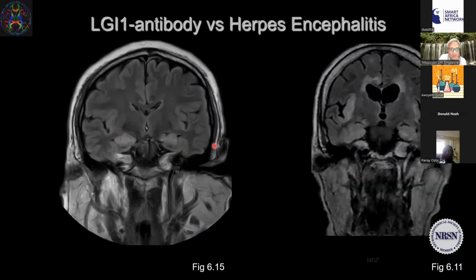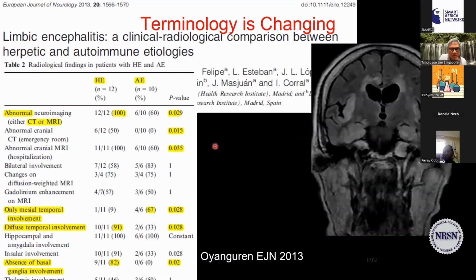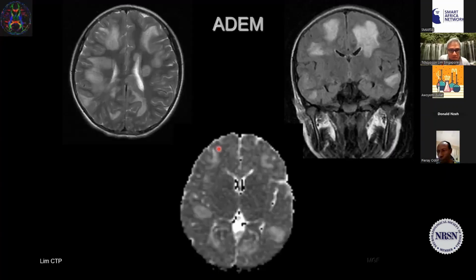So, in addition, I mentioned the other immune mediated. This is acute disseminated encephalomyelopathy, post-infectious, multifocal, high signal intensity on T2 and FLAIR involving the white matter.